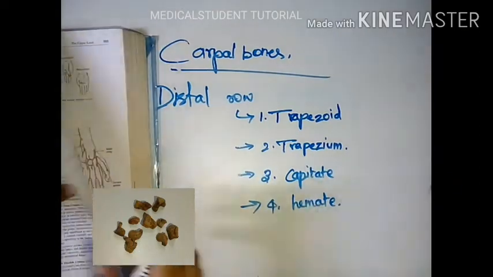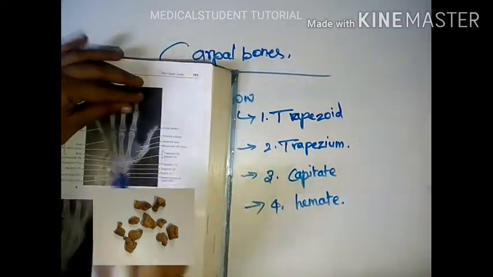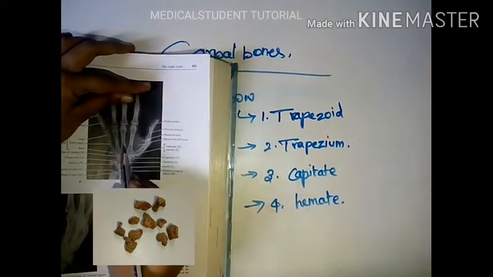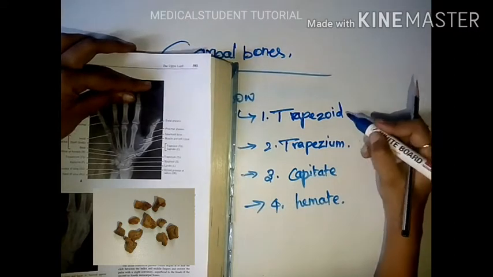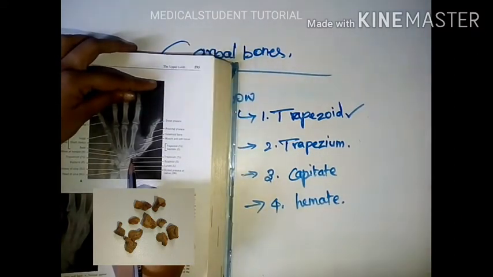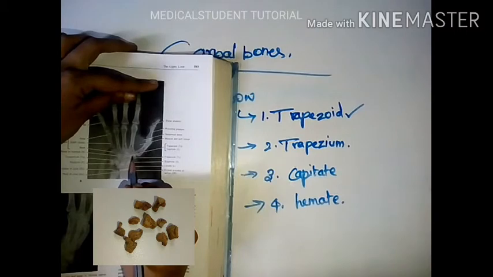In this picture we will see the trapezoid. This is the trapezoid, next to the scaphoid bone.